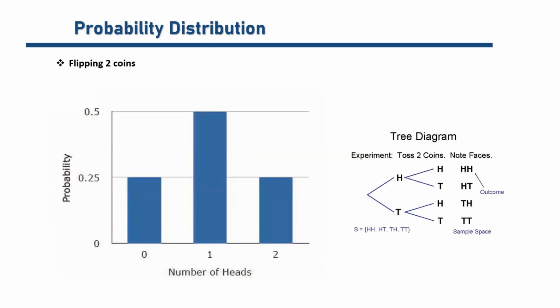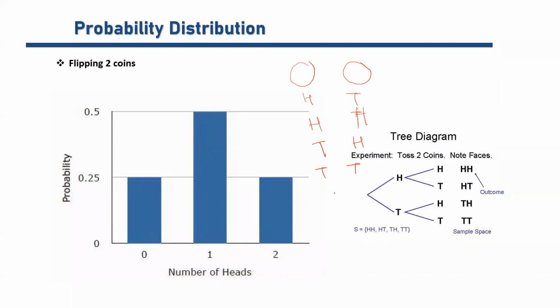Now, if I flip 2 coins, coin 1 and coin 2, I can get a head and a tail, a head and a head, a tail and a head, and a tail and a tail.